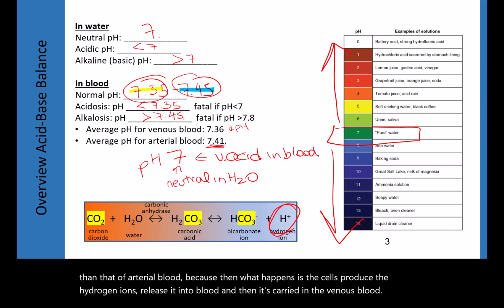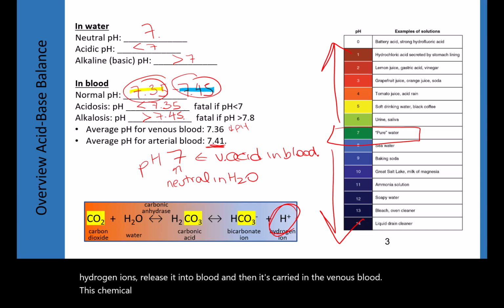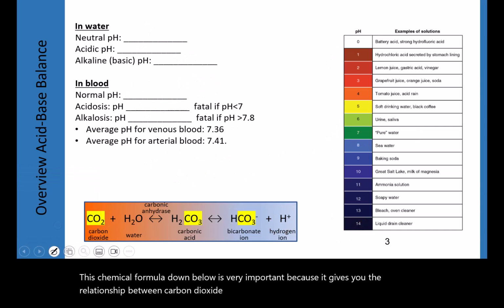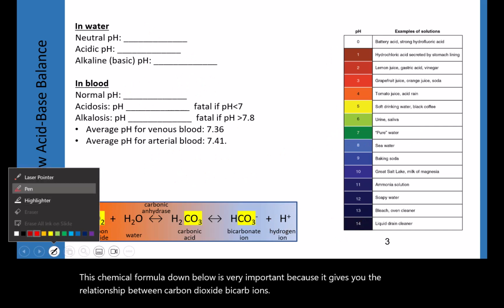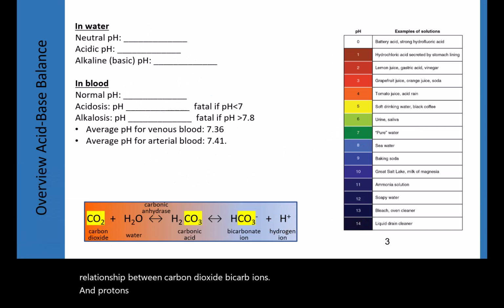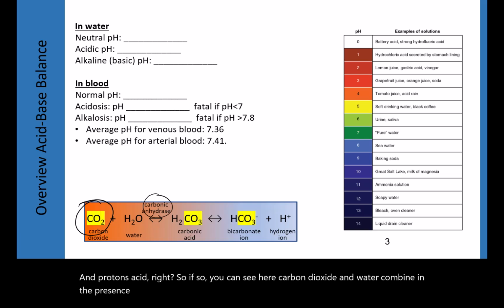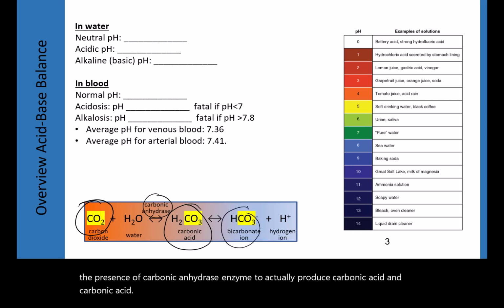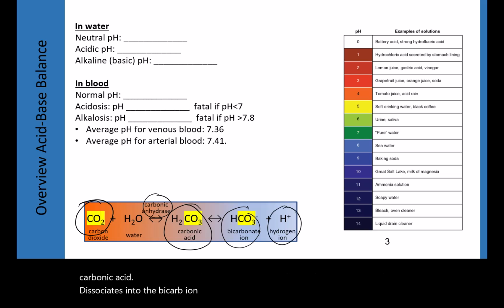This chemical formula down below is very important because it gives you the relationship between carbon dioxide, bicarb ions, and protons, acid, right? So you can see here carbon dioxide and water combine in the presence of carbonic anhydrase enzyme to actually produce carbonic acid, and carbonic acid dissociates into the bicarb ion and hydrogen ions as well.